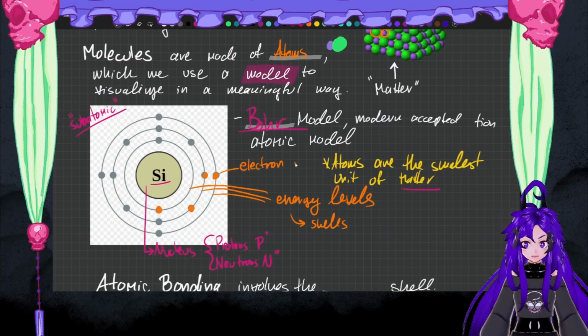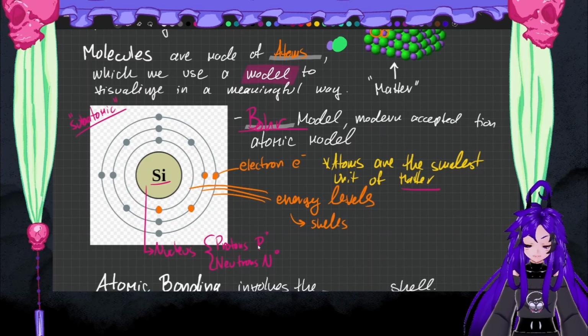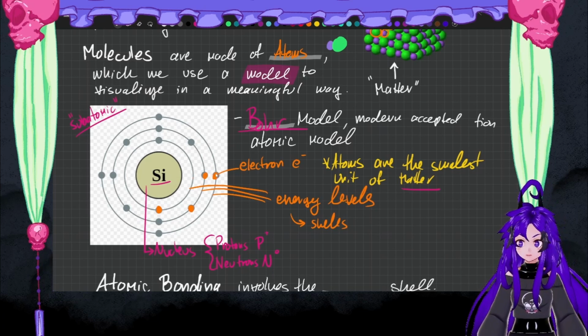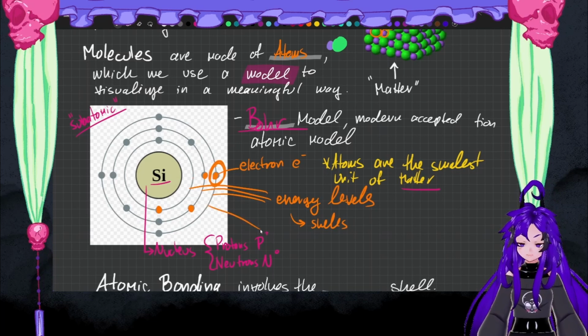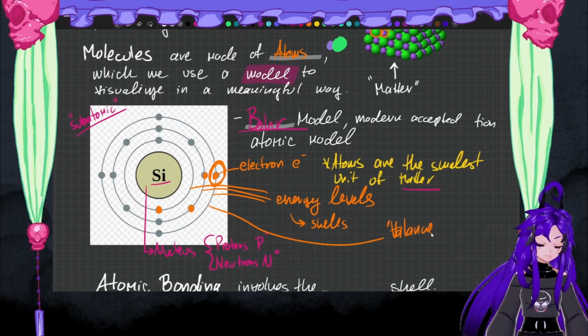So these guys are the electrons. And electrons are represented by e to the negative. Okay, so if protons are p to the positive, and we know they're positive subatomic particles, electrons are e to the negative, so they must be negative subatomic particles. And the ones that we especially care about are the ones on this outer ring. This outer ring is called the valence shell.